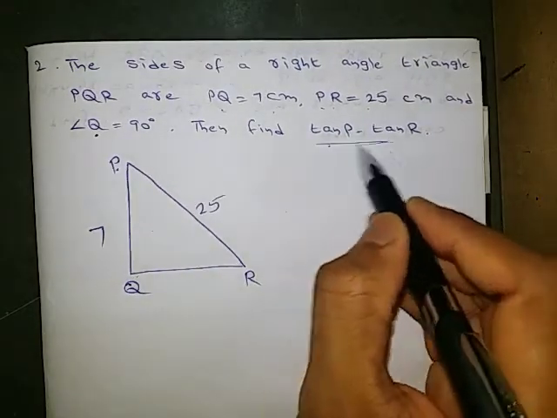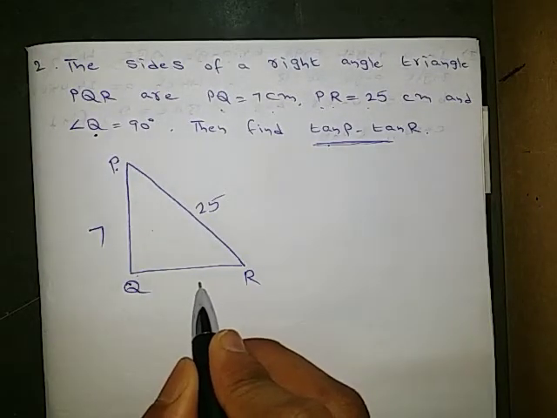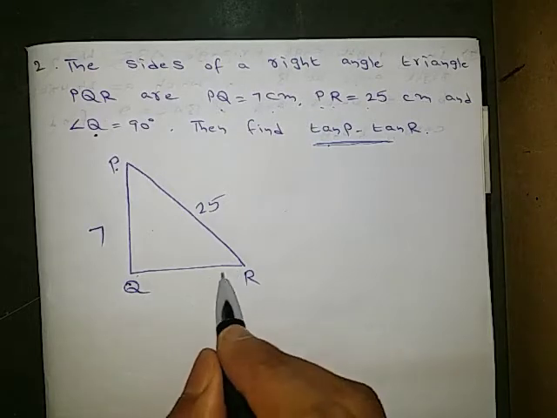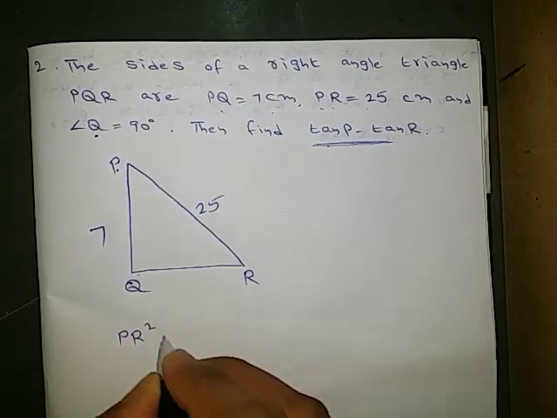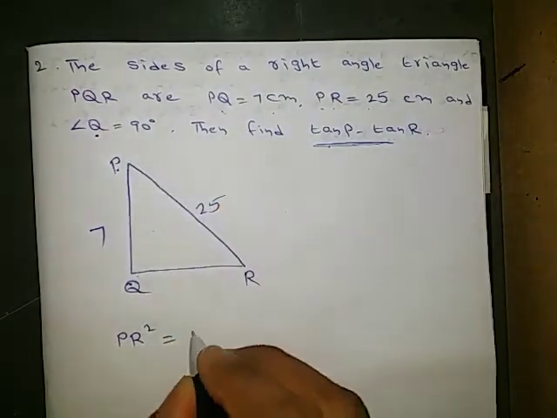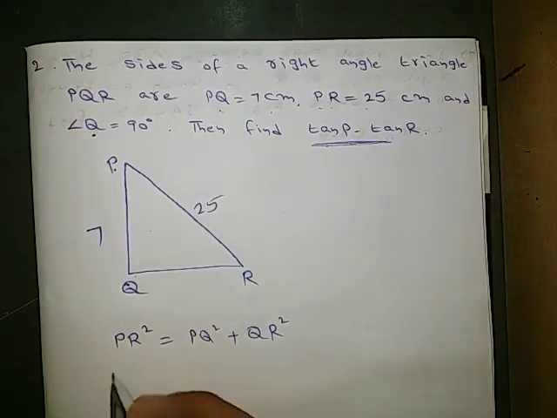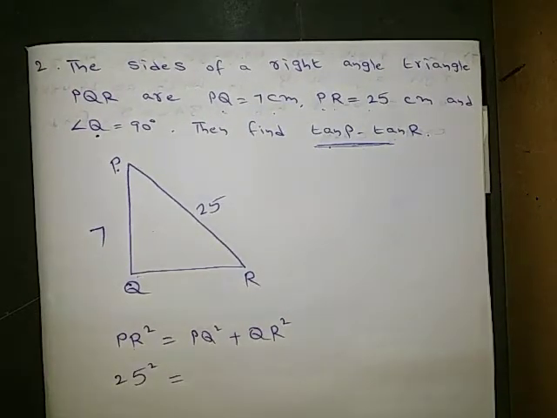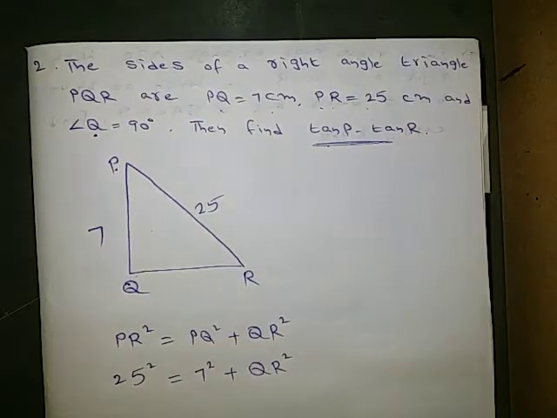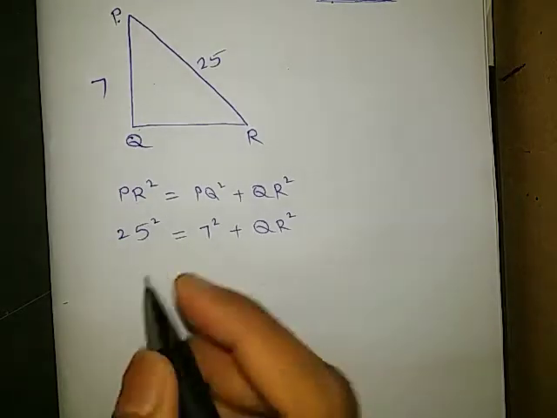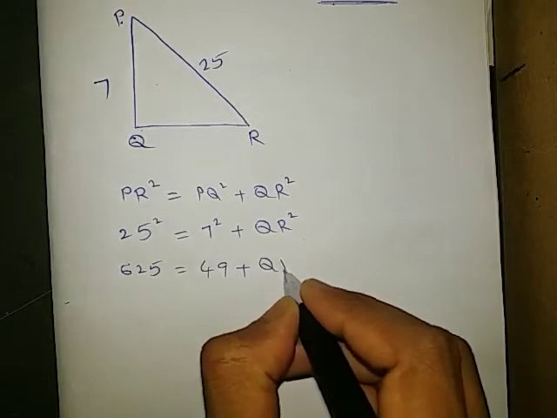Before going to find this, first let us find the QR side. I will find this QR side by using the Pythagoras theorem. Hypotenuse square, that is PR square, is equal to first side square PQ square plus second side square QR square. PR is 25, so 25 square is equal to PQ 7 square plus QR square, which we don't know. Now 25 square is 625, which is equal to 7 square, 49, plus QR square.